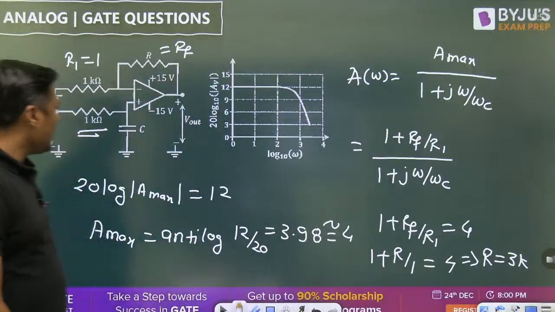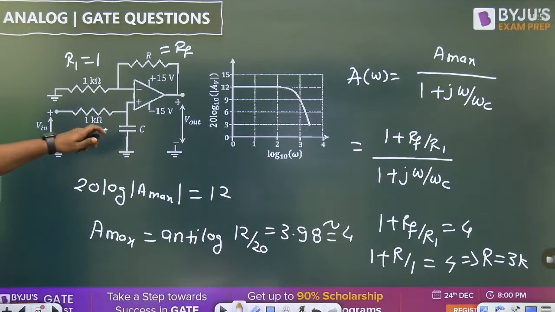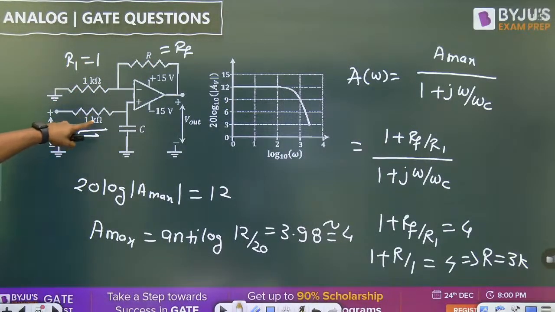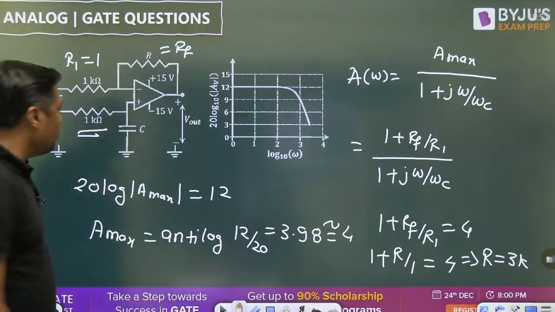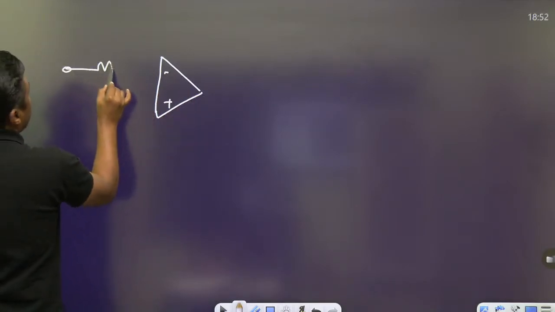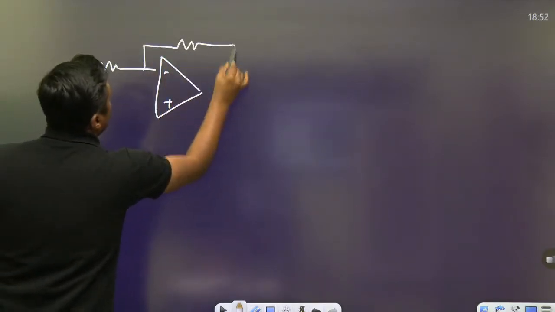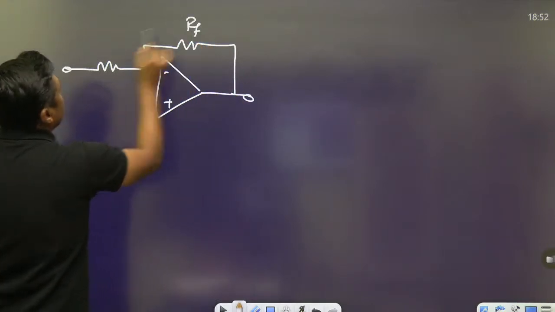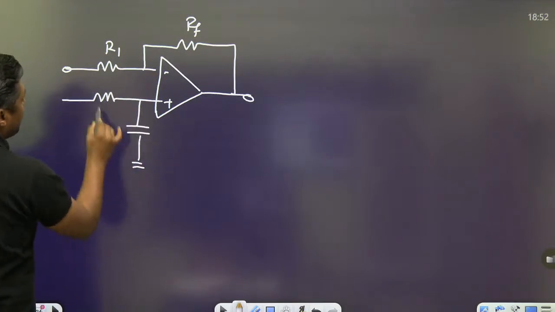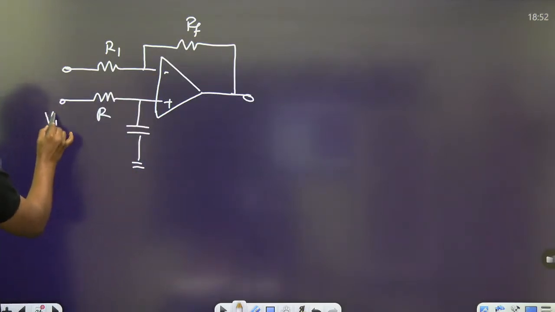Remember, I am giving you the standard circuit. This is the RF, this is the R1, this is the R, this is the C. And this is the standard formula. Always remember, for this particular circuit, here we are giving the input, a sinusoidal input.